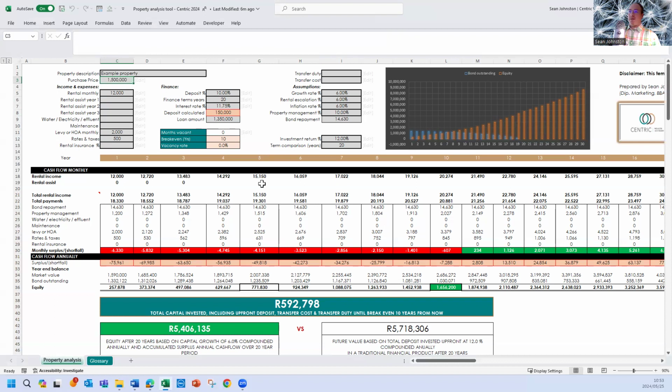The reason why I'm saying that is because the more expensive a property is, the rent relative to that property will be lower. In other words, a 1.5 million Rand property, ideally the rent should be 15,000.